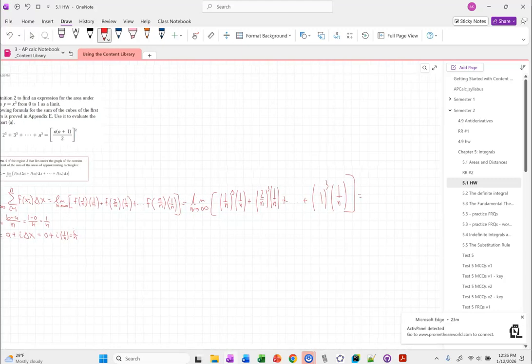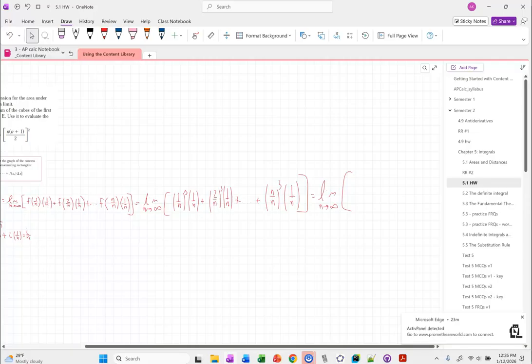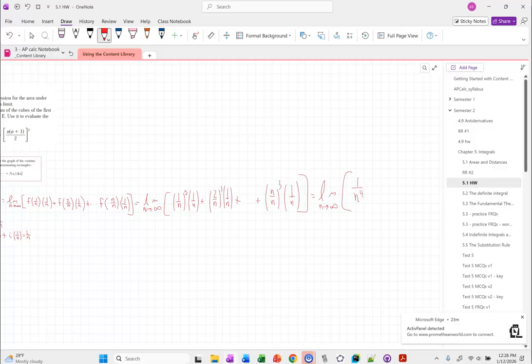So if I do that, actually, I am going to leave that as n over n, because I can have a common denominator now. All right, so I'm going to have the limit as n goes to infinity of 1 cubed times 1 over n to the 4th, and then 2 cubed, or 8, over n to the 4th.